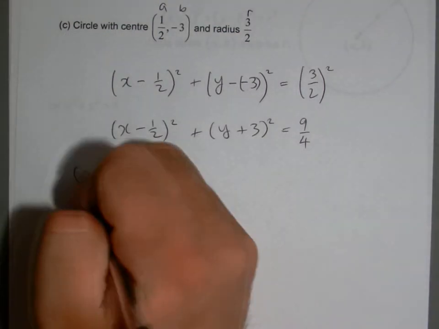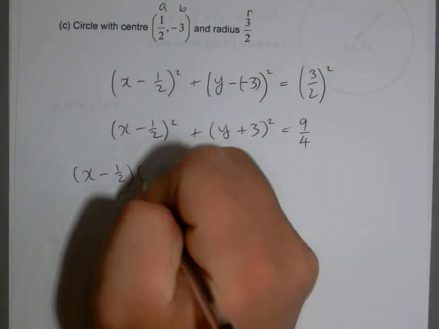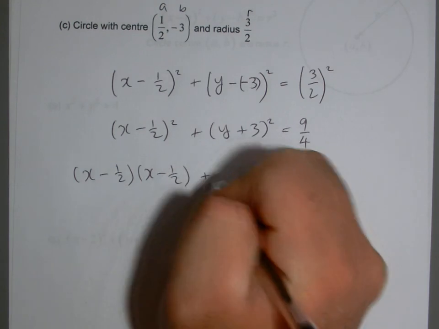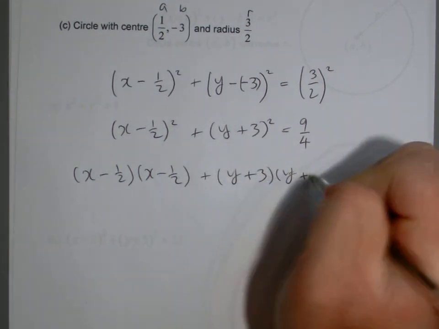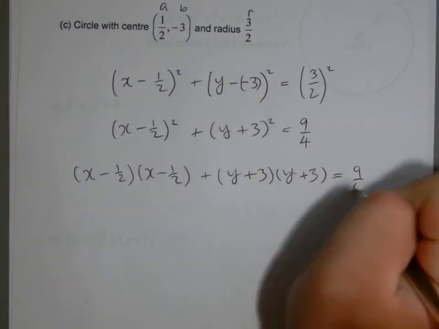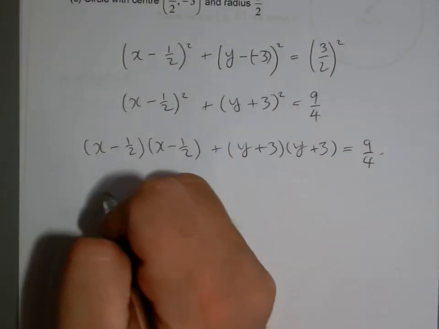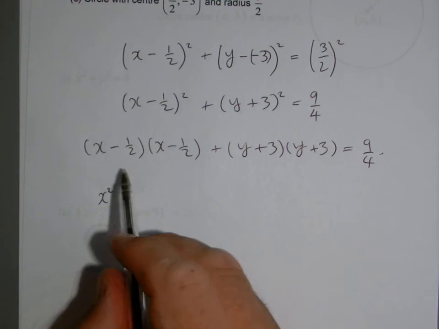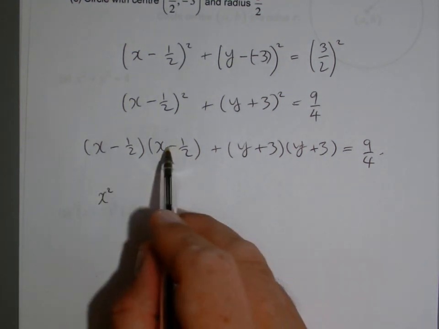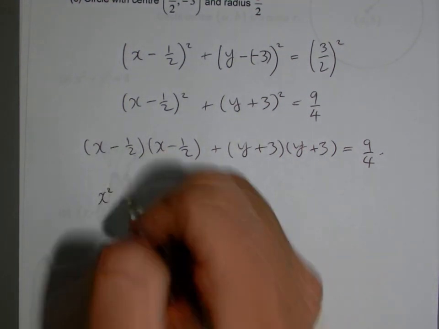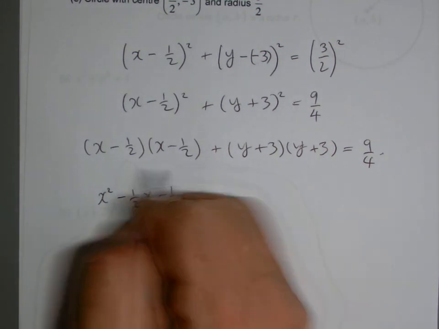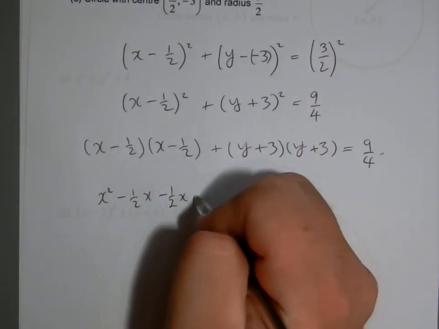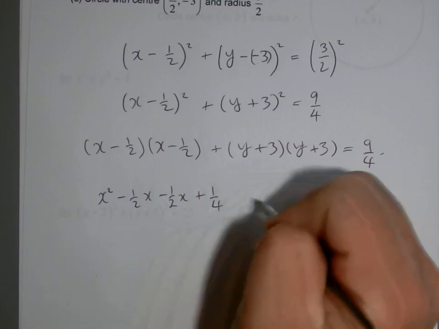We can expand that then to be (x minus a half)(x minus a half), (y plus 3)(y plus 3) equals 9 over 4. So you do the firsts, you get x squared. If you do the outers, you get minus a half x. Inners, you also get minus a half x. Lasts, a half times a half is a quarter, positive quarter.